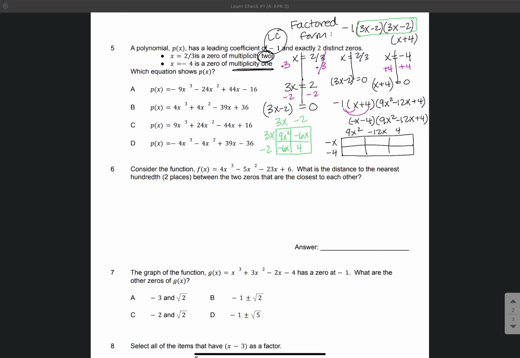And obviously we need to get that filled in. This is where you've got to be careful, making sure your signs and your exponents and everything stays organized.